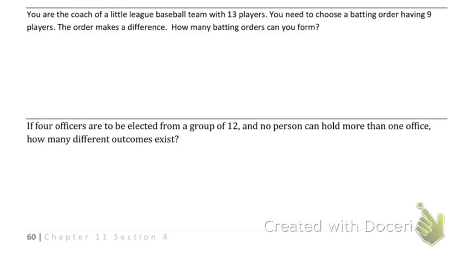So it's a permutation because order matters. You have 13 players. You need to choose 9, and it has to be in a specific order, so it is a permutation. You're going to do P where you have 13 players, and you are going to choose 9 of them.